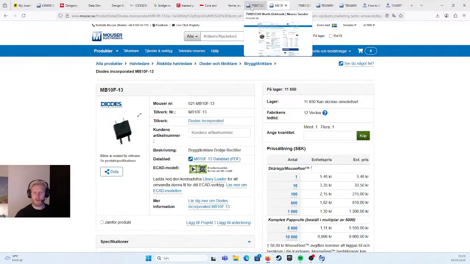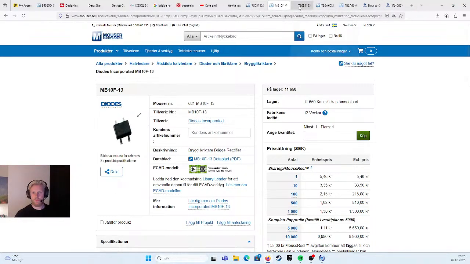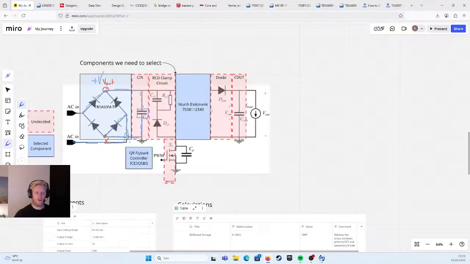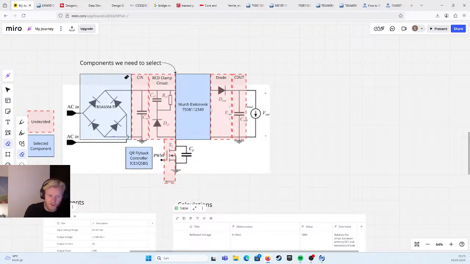Okay, but at least we know that this bridge rectifier will handle it in terms of the voltage. The highest peak voltage here will only be 375 volts plus the reflected voltage from the transformer, I guess. So, yeah.